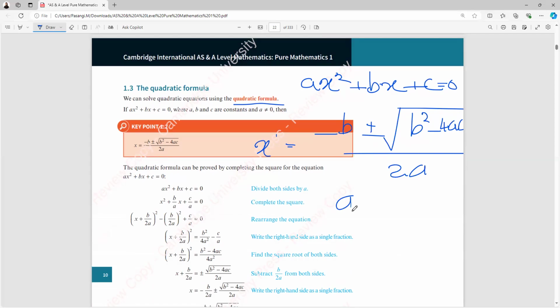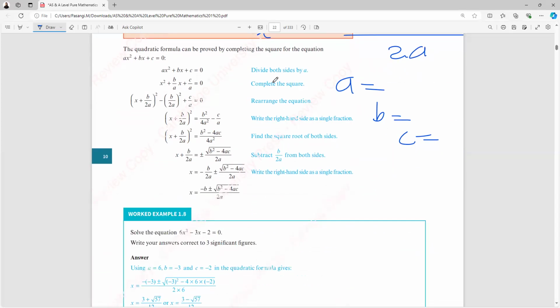Then we need to specify value a, value b, and value c, substitute these values into the quadratic formula, and find the value for x. Because we have a plus or minus, that means we are getting two solutions. For quadratic equations, quadratic means x squared, so we have two values, two solutions for this x.